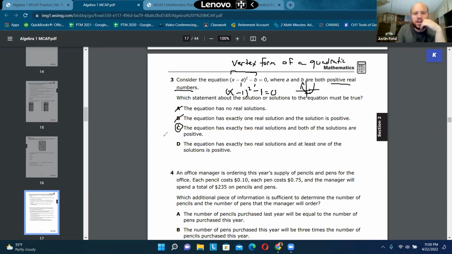Well, we cannot ensure that both the solutions are positive because it is possible to get one of the sides of the parabola to be in the third quadrant if it opened very wide or something. And so D, but we know that on one side, it would have a positive solution.